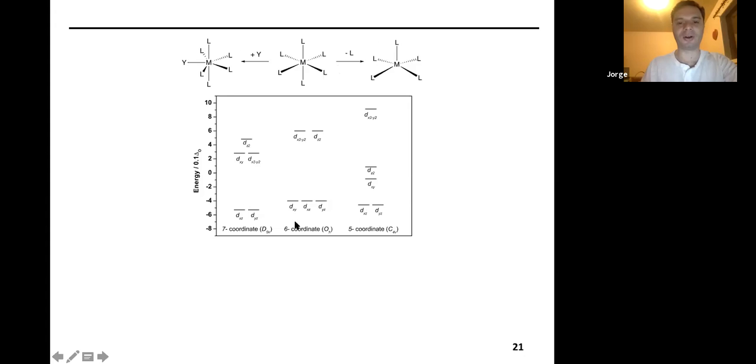And each of these configurations has different energies for the orbitals because the repulsion between ligand and the orbitals will be different. And using the ligand field stabilization energy, we can have an idea about if the complex is inert or labile.